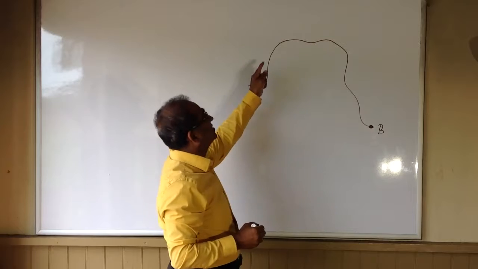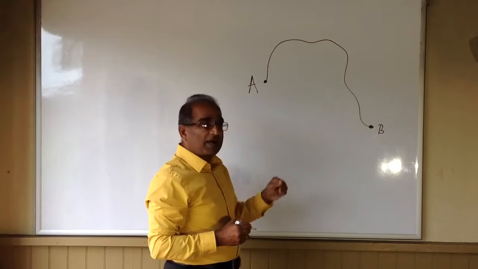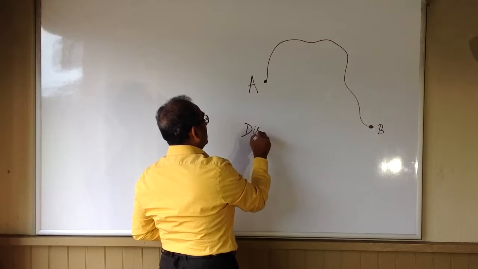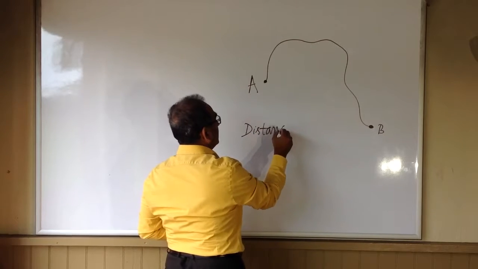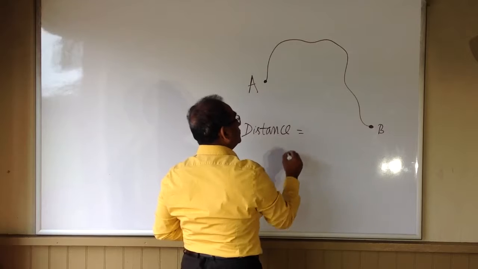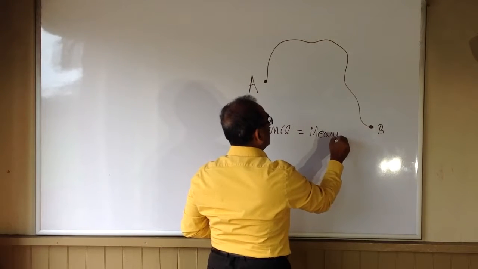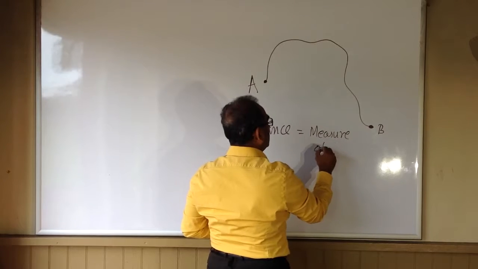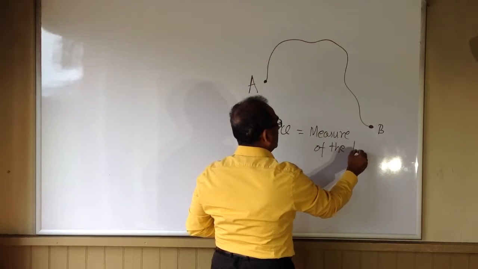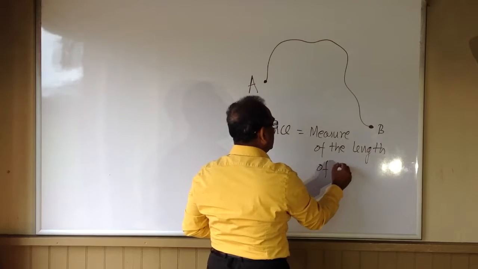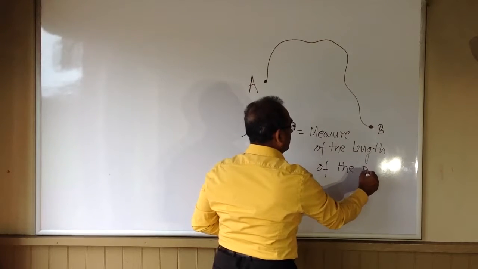and if you measure the length of this path, then it's called distance. Distance is equal to the measure of the length of the path.